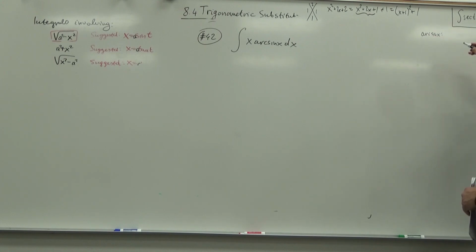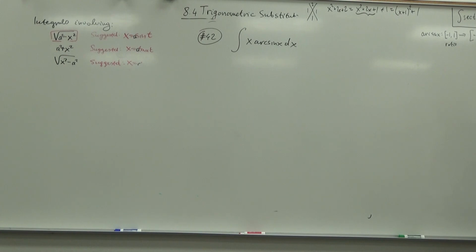what does it do? Arc sine of x is a function that takes the interval between -1 and 1 and maps it into the interval -pi over 2 to pi over 2. So it takes a ratio as input and recovers the angle.